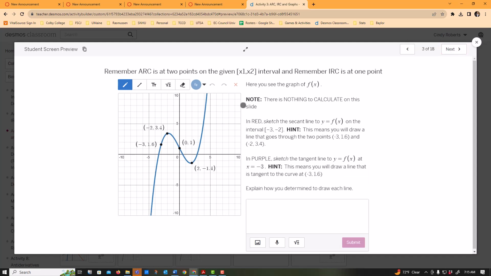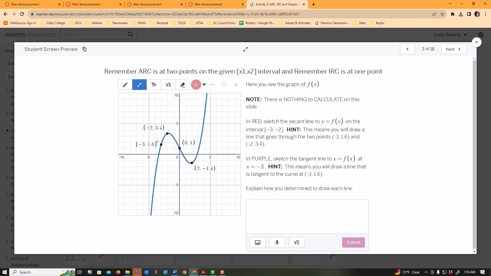Remember, ARC is at the 2 points, given an x1, x2 interval. So this is an interval, and IRC is at 1 point. It says in red, sketch the secant line, which goes through -3 and -2.